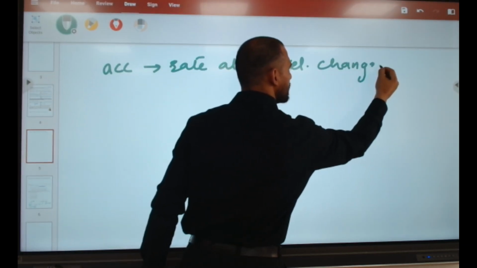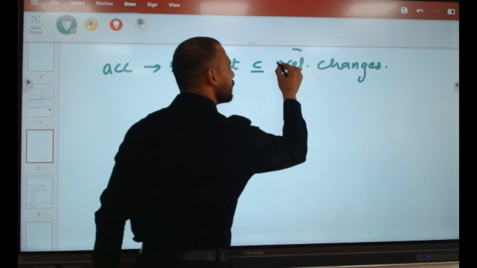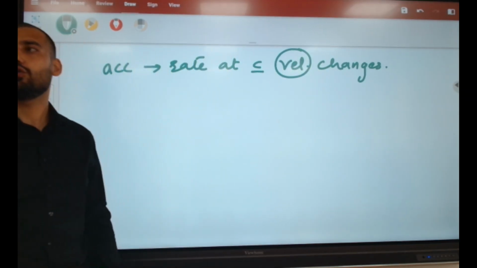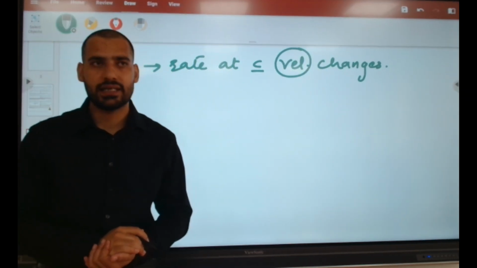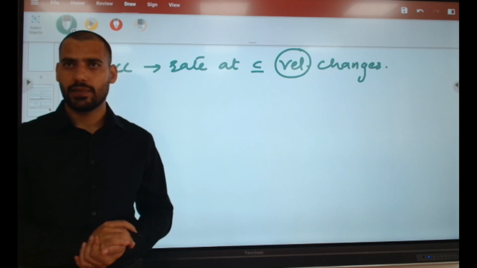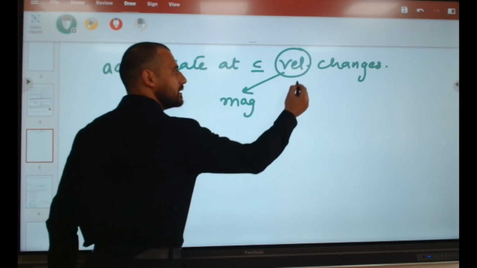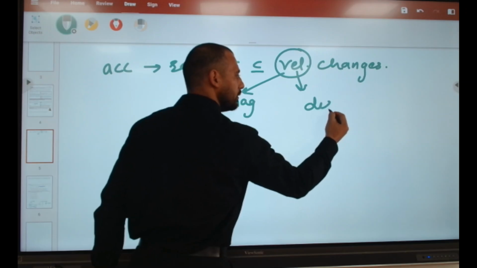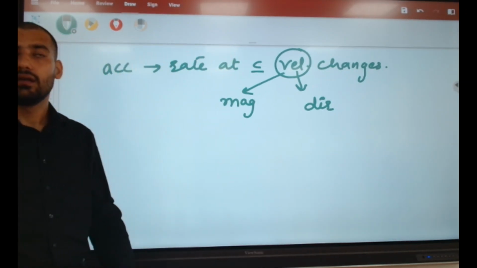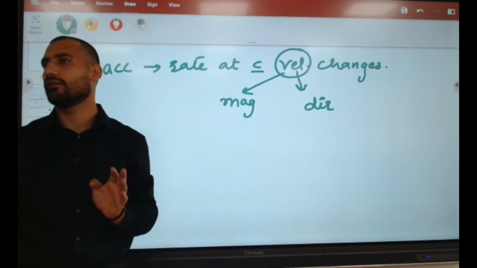But the question is, how will you change your velocity? Do you know velocity is a vector quantity? So can I say velocity has magnitude? Can I say velocity has a direction? Understand, very important thing.